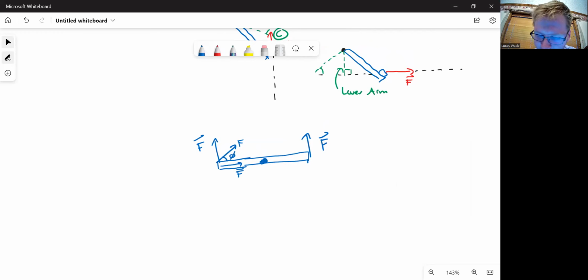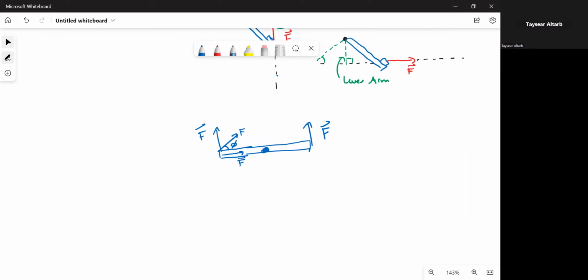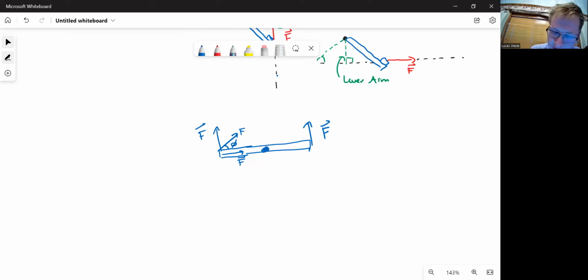But if this force is exactly the same as this one in magnitude, what can we say about the net torque those 2 forces produce together? 0. This one's trying to make it rotate clockwise, while this one's trying to make it rotate counterclockwise. If they're both producing the same torque, which they are because they have the same magnitude and are acting through the same lever arm, then they're just going to cancel each other out to give a net torque of 0.